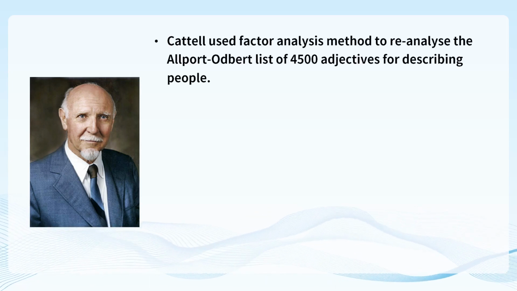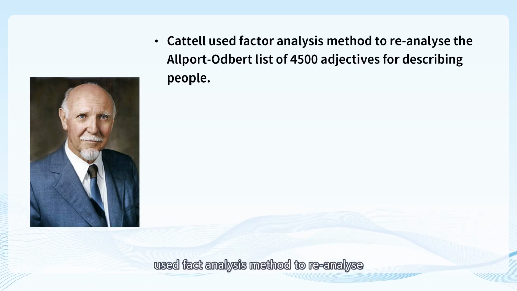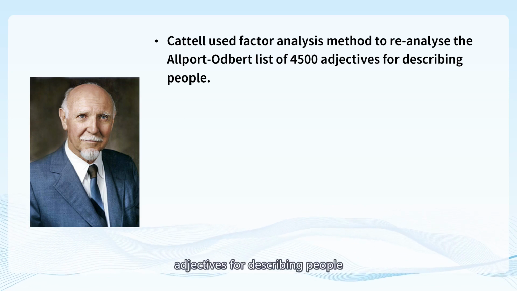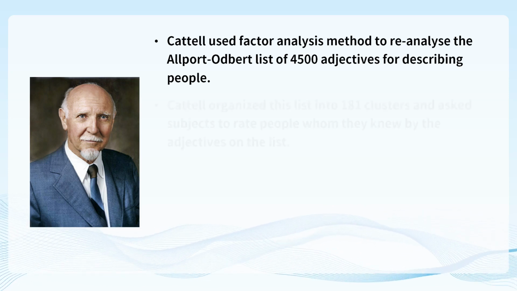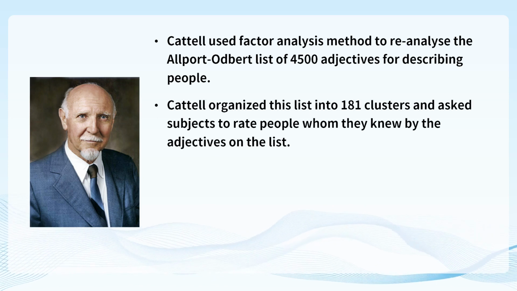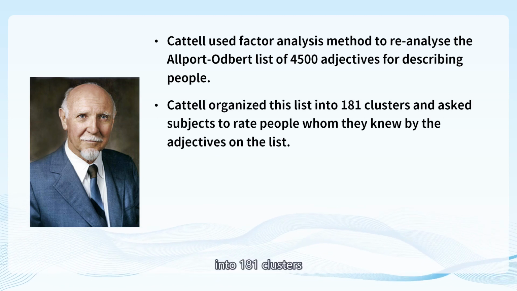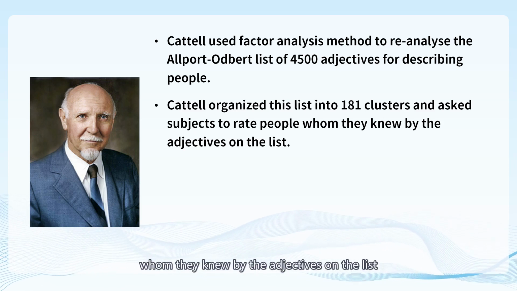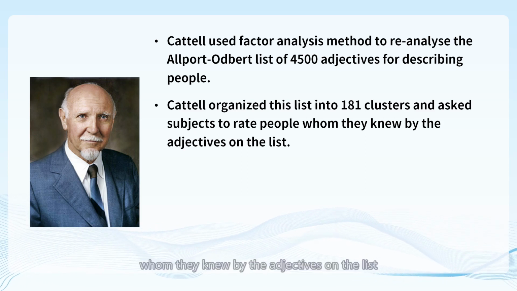Now, more specifically, Cattell used the factor analysis method to reanalyze Allport's list of 4,500 adjectives for describing people, and organized the list into 181 clusters. He asked subjects to rate people whom they knew by the adjectives on the list.